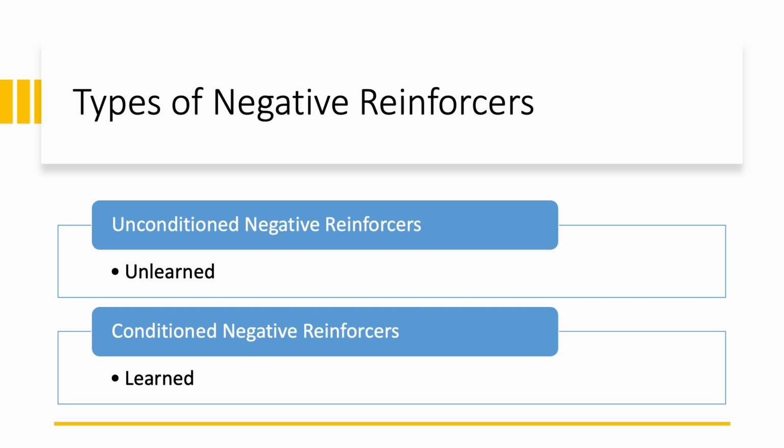Anytime you hear the word unconditioned, we're referring to those unlearned, innate reinforcers, or items or activities that are naturally reinforcing. And then we also have our conditioned negative reinforcers, which are learned reinforcers, and these gain their reinforcing value through being paired with other reinforcers.